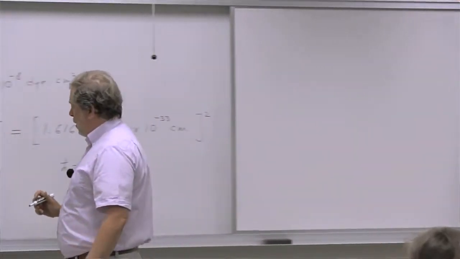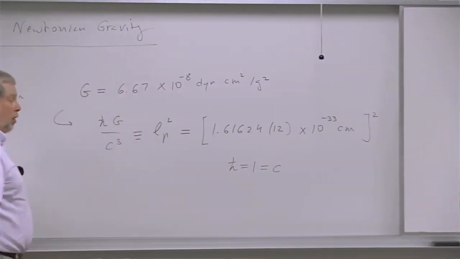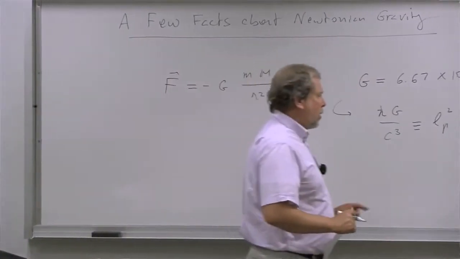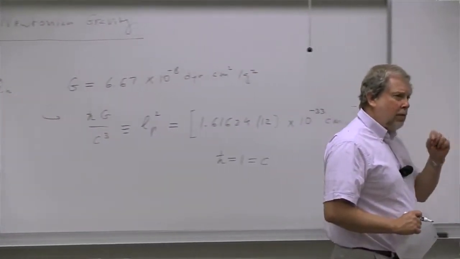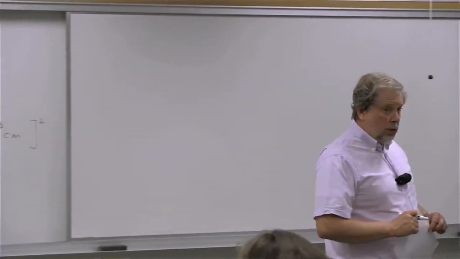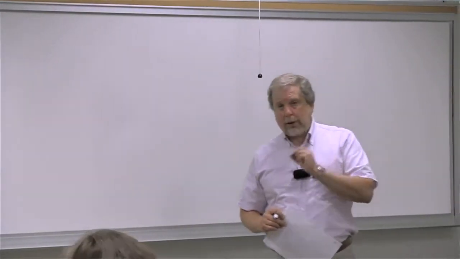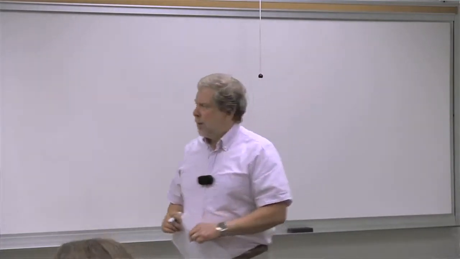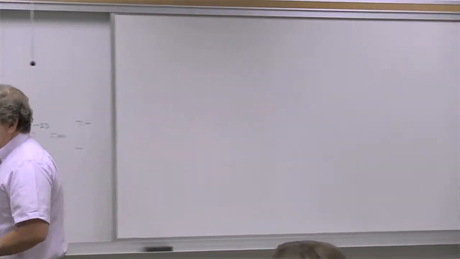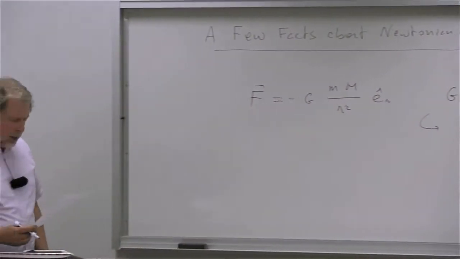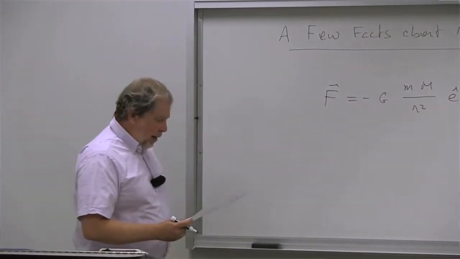And then G is just a length squared, the Planck length squared. What is interesting, of course, is that what appears is an extremely small length scale. What is also interesting is that it is a length scale squared. So it doesn't necessarily mean that there is actually a fundamental length, because it could be a product of two different length scales, to which we'll come back in a little bit.